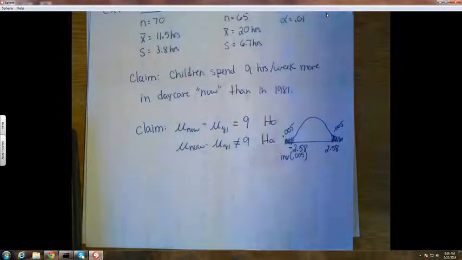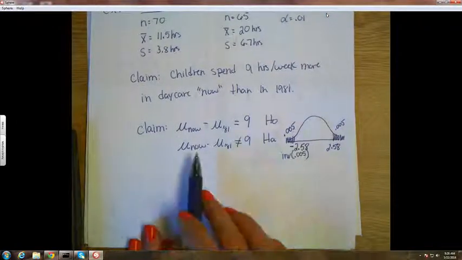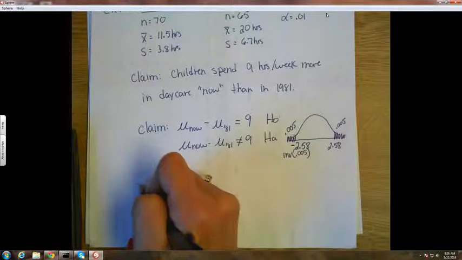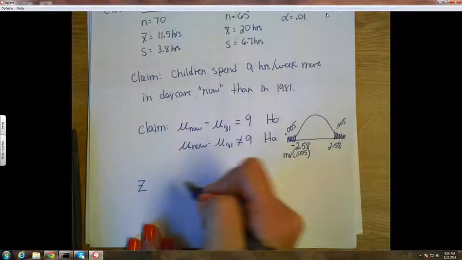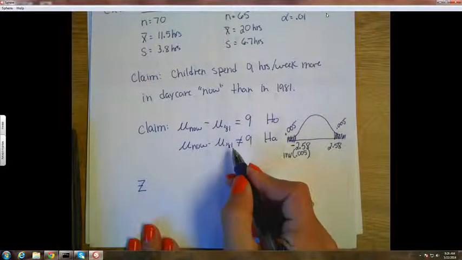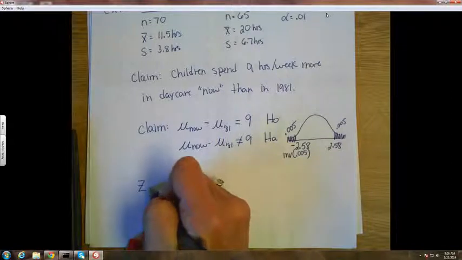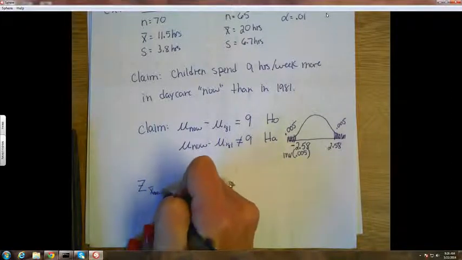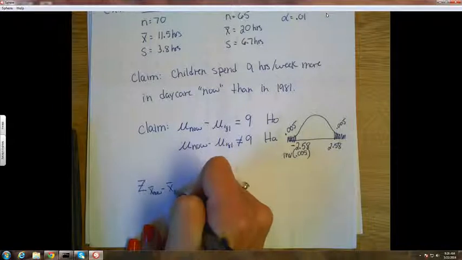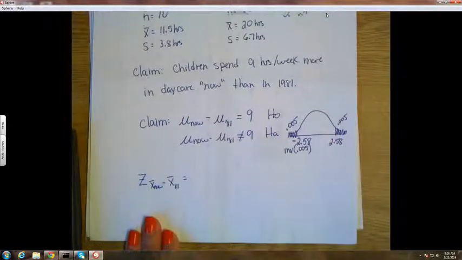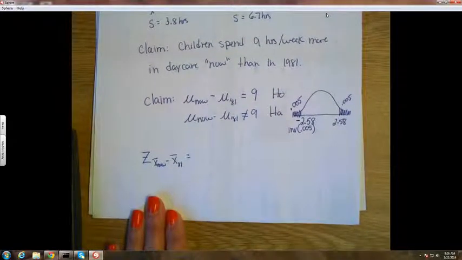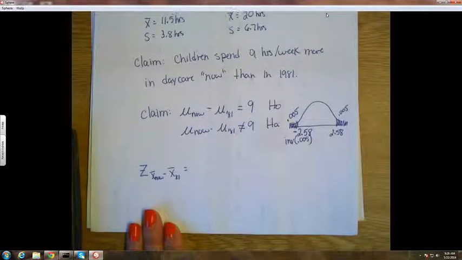So I have to match my samples the way I wrote the claim. So the z-score for now minus 81, x bar now minus x bar 81. I need to see it right there.